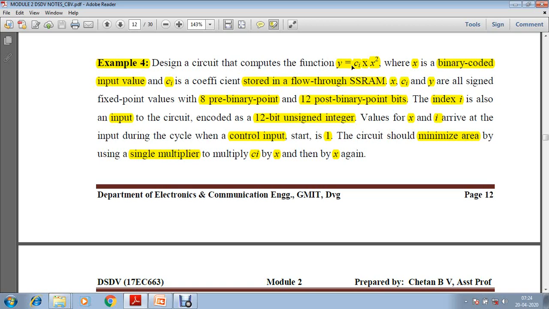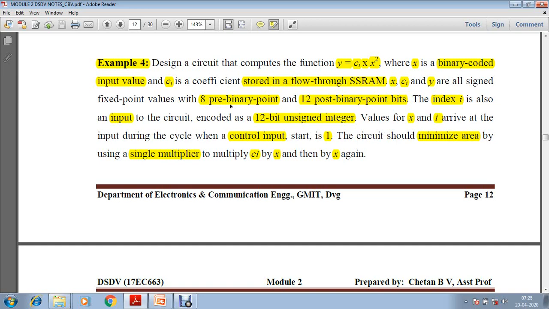So we have to realize this function using a digital circuit or a digital system where x is a binary coded input value, ci is a coefficient stored in flow through SSRAM, means we have to use a flow through SSRAM. X, ci and y are signed fixed point values with 8 pre-binary point and 12 post-binary point bits, means the total size is 20 bits.